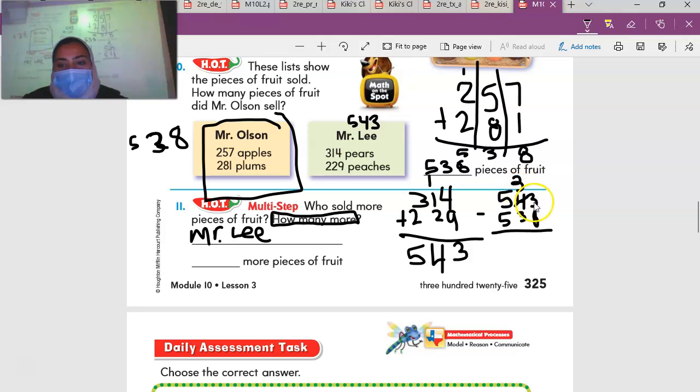A 3, and the 3 becomes a 13. Now what's 13 take away 8? 5. 3 take away 3 is 0. 5 take away 5 is 0. What's your answer? 5. So Mr. Lee sold 5 more pieces of fruit than Mr. Olson.